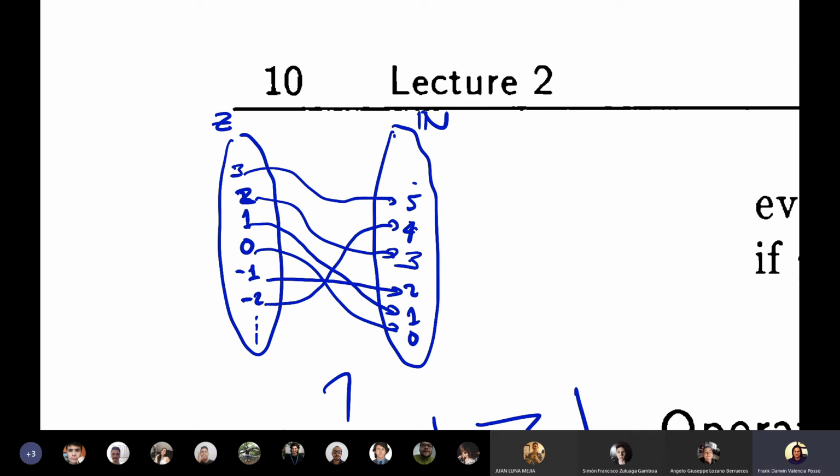Voila, here you see, you have it. So you will find a unique natural number for every number here. Did you understand?